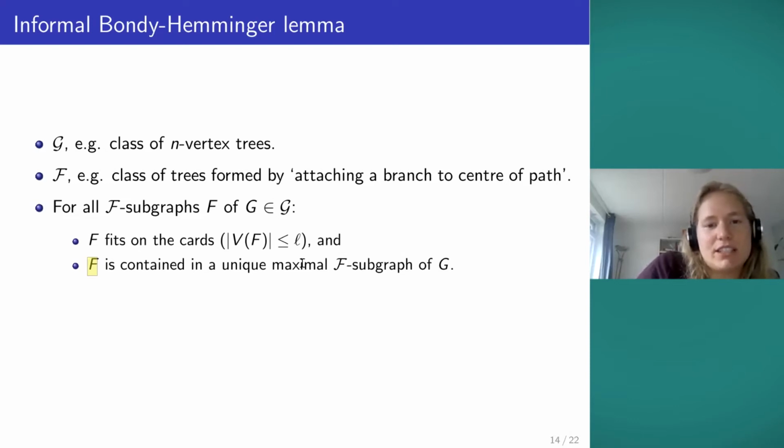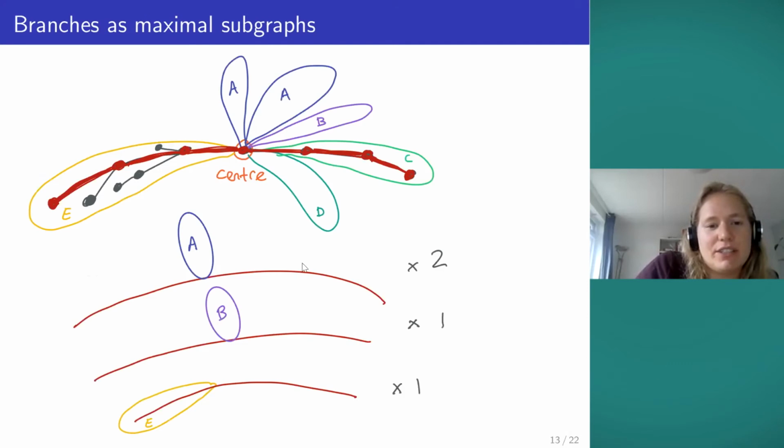This is the case in our setup here. If all things of this form fit on our card, then each one in our graph will be in a unique maximal one. For example, there might be sub-things of this A in here, but for them, the maximal one will be this branch with A hanging off it.